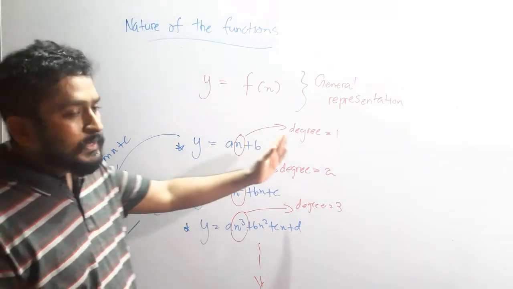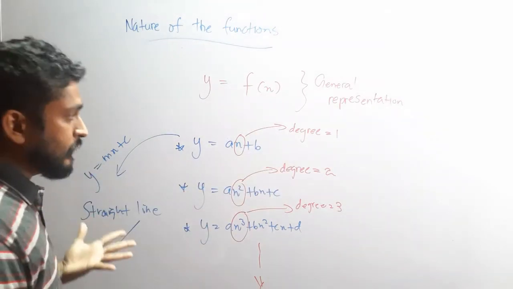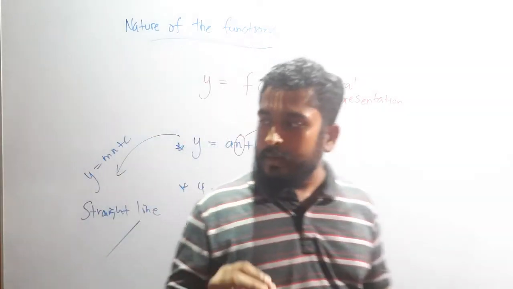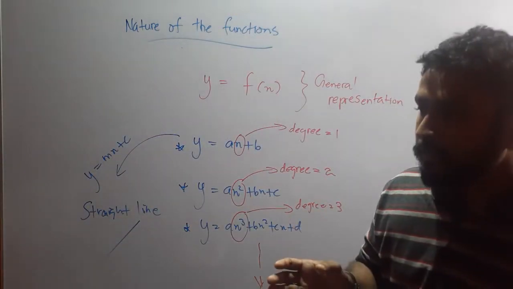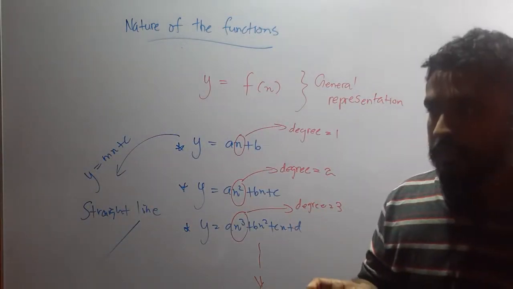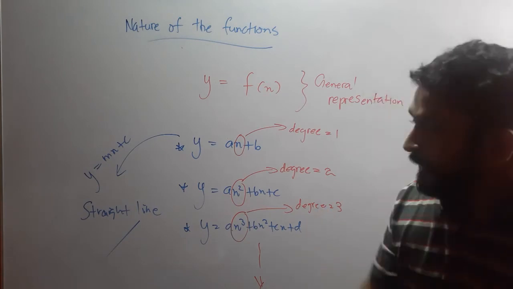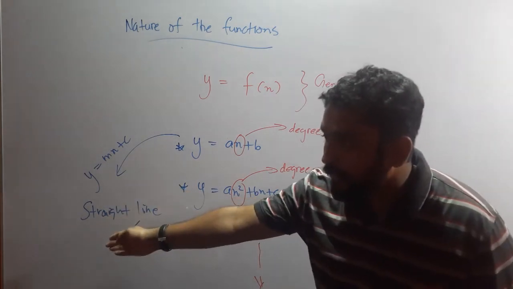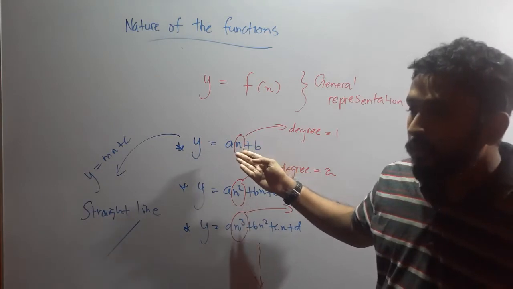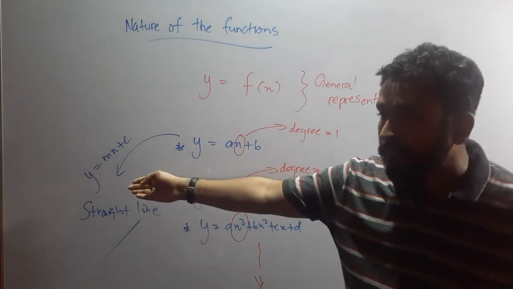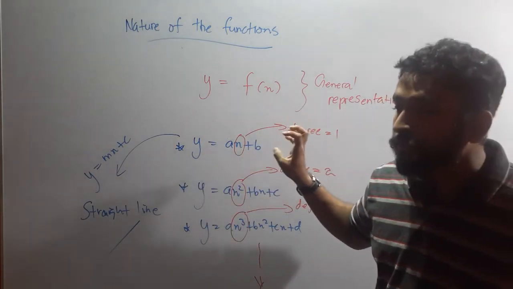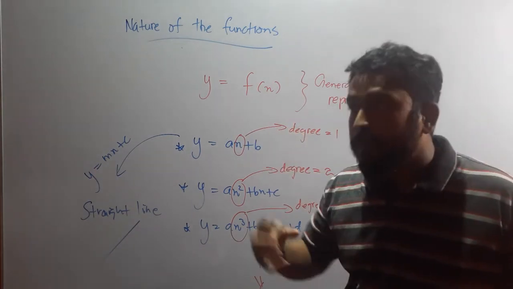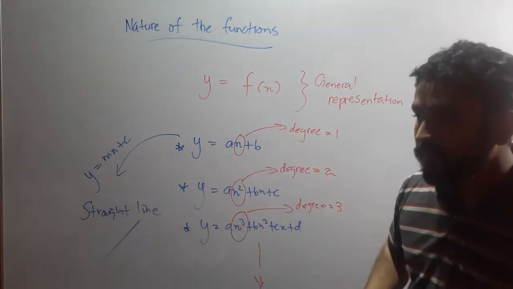So when the degree is 1, it is a straight line. The converse is also possible. For it to be a straight line, the relationship should be y equals x plus b or y equals mx plus a, meaning the relationship should be of degree 1.